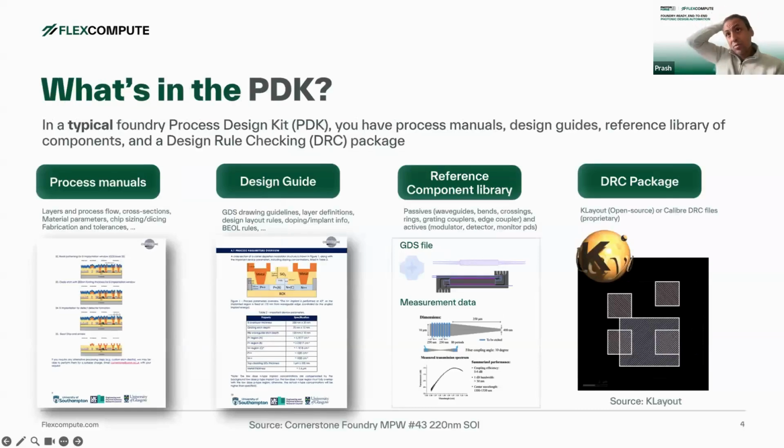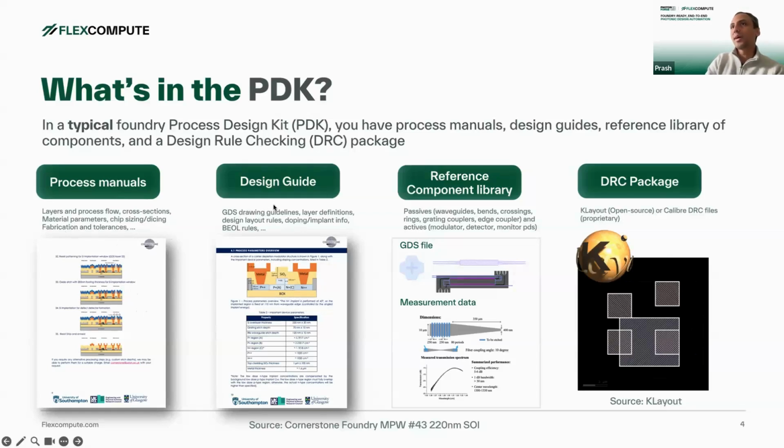Now, what's inside this PDK that the foundry gives you? Here I'm taking some screenshots from, I think, Cornerstone, which has their open source foundry PDK. You can just go online and browse through and look at some of their offerings. Typically you'll have some sort of process manual that has layers and process flows, cross sections, like you can see here, material parameters, how to size your chips for dicing, and fabrication tolerances.